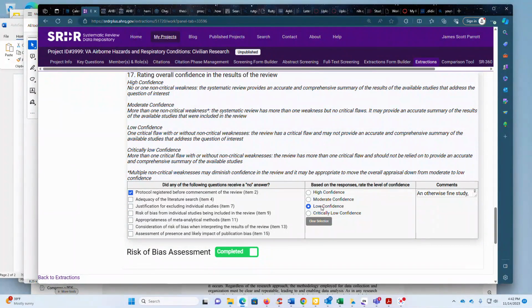Now, I'll let you decide for your project, especially depending on how far back you are going in time. It was only within the past several years that registering a protocol for a systematic review was really required. Before that time, some had them, some didn't.